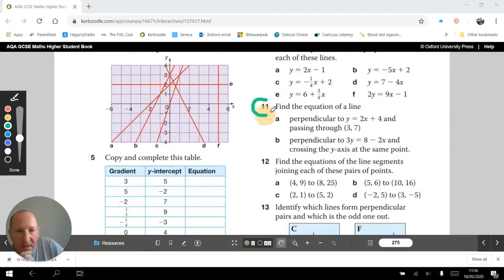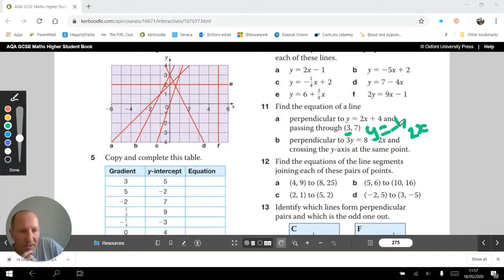Now look at number 11 and some use of that perpendicular gradient. It's got perpendicular to 2x plus 4 and passing through that point 3, 7. So we worked out already that the negative reciprocal is minus a half x. So the perpendicular line will have a gradient of minus a half x. So I know the first bit of the equation is minus a half x. There's my x value, 3.